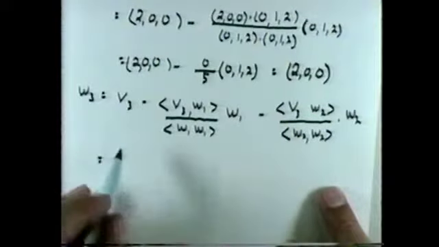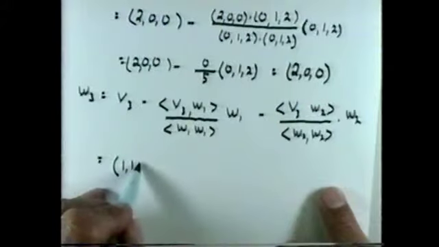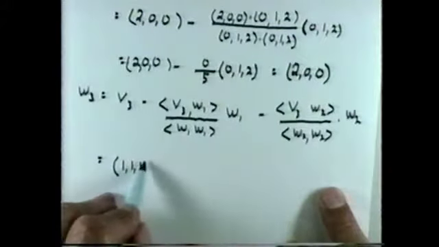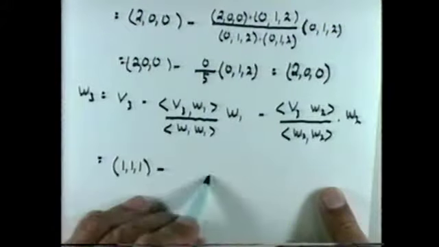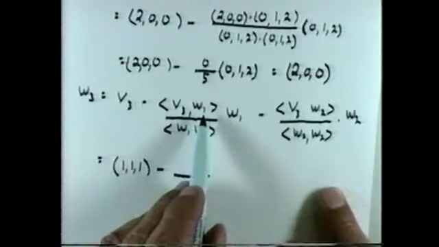Well, V3 is going to be (1, 1, 1) minus, okay, the inner product of V3 with W1.